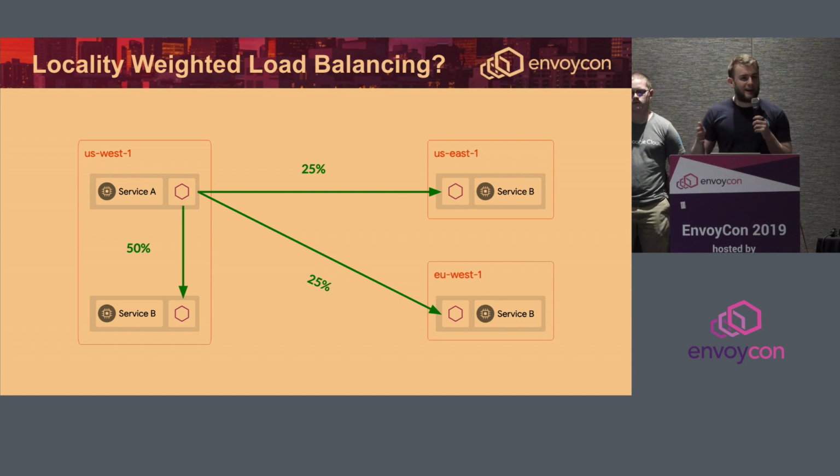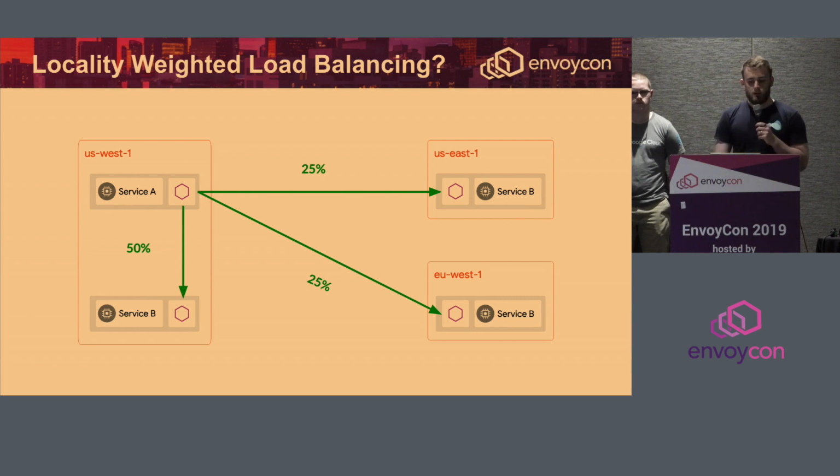Now, you could probably hack locality-weighted load balancing to do most of this, but that's relatively horrible, mainly because the routing Envoy is the only thing that knows whether or not it's able to talk to another Envoy. Network partitions aren't symmetrical. Just because the control plane can't see the Envoy doesn't mean that the other Envoy can't see the Envoy.